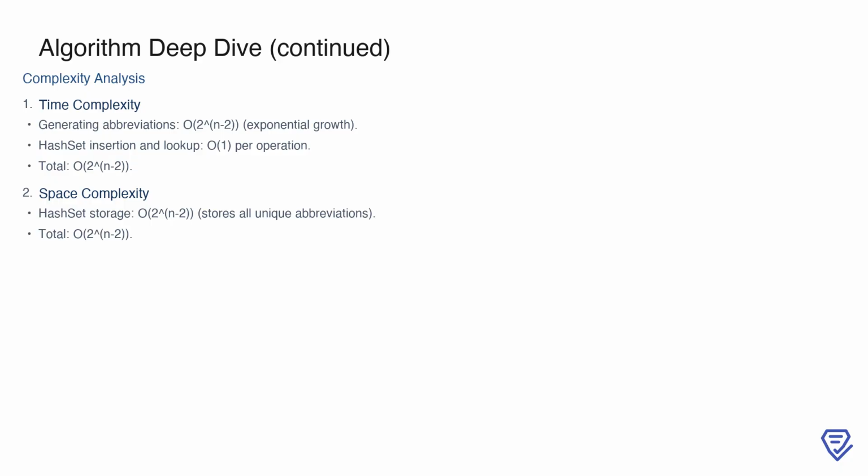Space complexity is also 2^n, because the hash set needs to store all unique abbreviations, and in some cases, a list is used to return the results. While this exponential growth is unavoidable due to the nature of the problem, these complexities represent an optimized approach to tackling it, leveraging efficient data structures and systematic generation techniques.